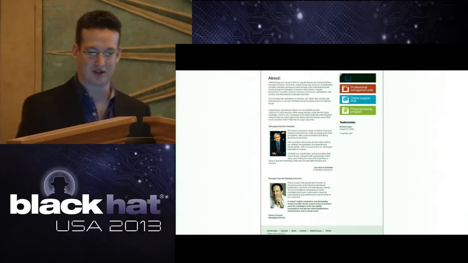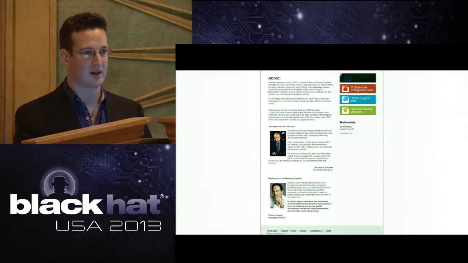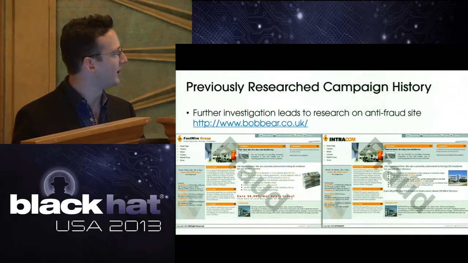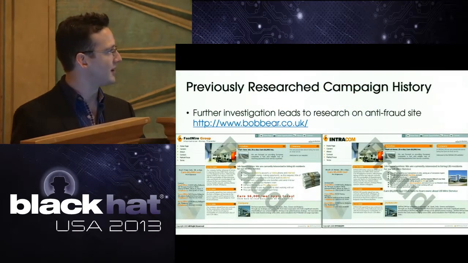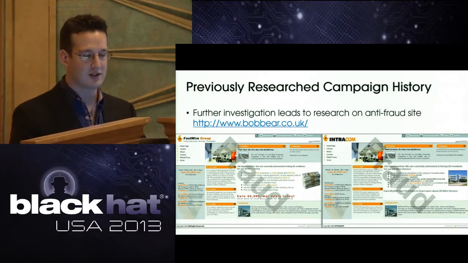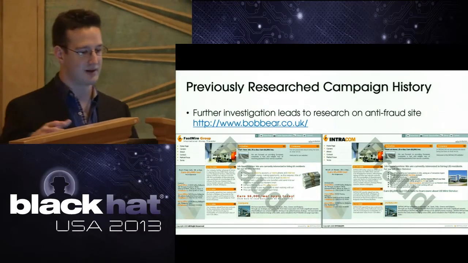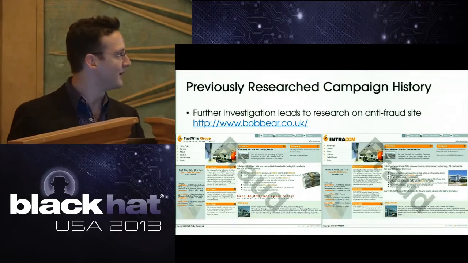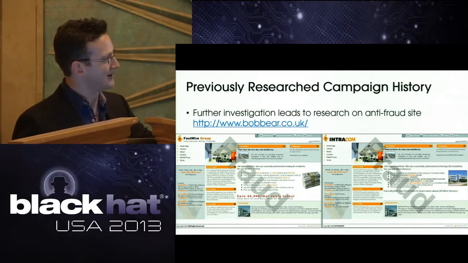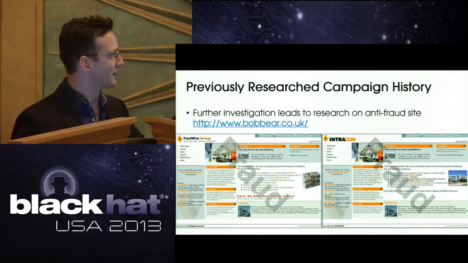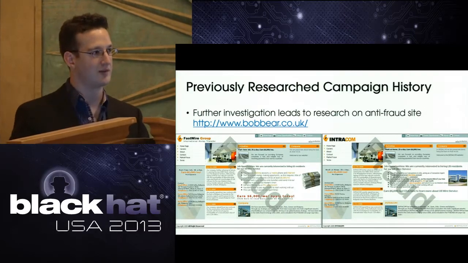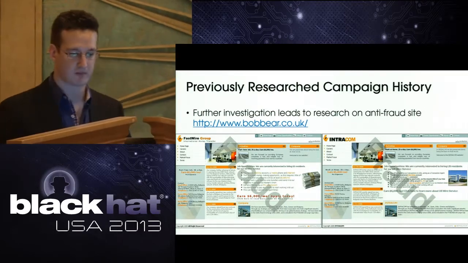Doing a little more research, we find out that this has actually been going on for a while, and there's an anti-fraud site, bobbear.co.uk, that has been documenting these sites as part of this campaign for quite some time. I'm sure you recognize the layouts and the colors and the logo on these other sites that are actually not even part of domains generated by this DGA algorithm.